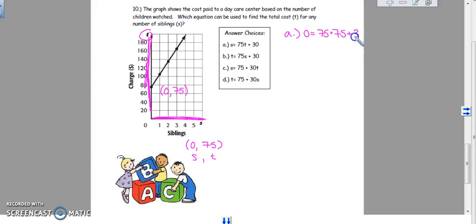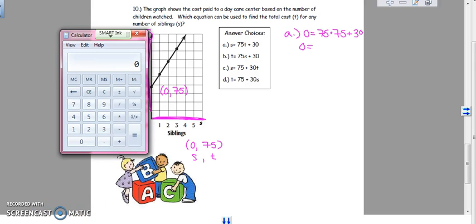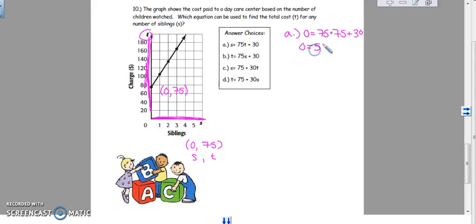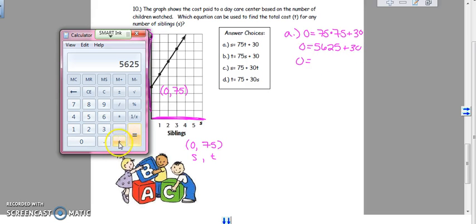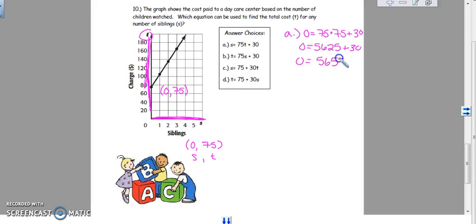Ooh, this one's going to be ugly. 0 equals 75 times 75. That equals 5,625 plus 30, 5,655. That obviously does not equal 0.